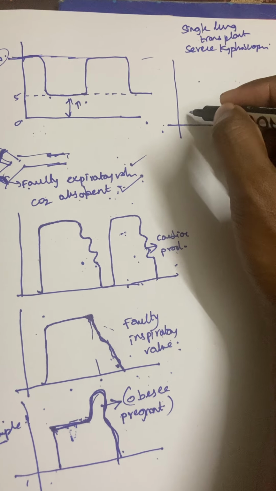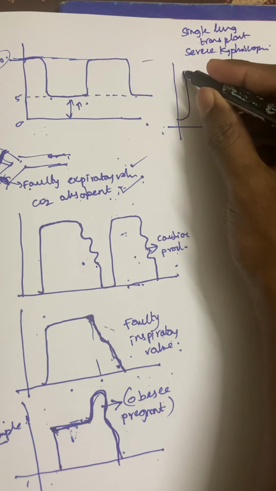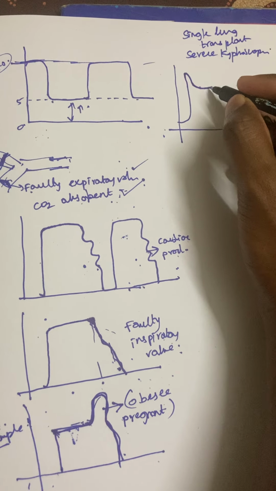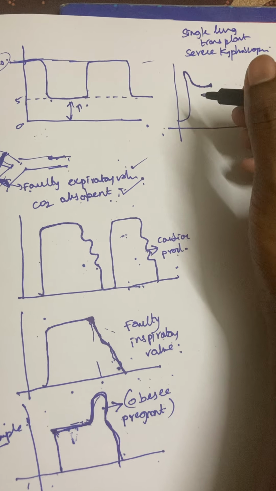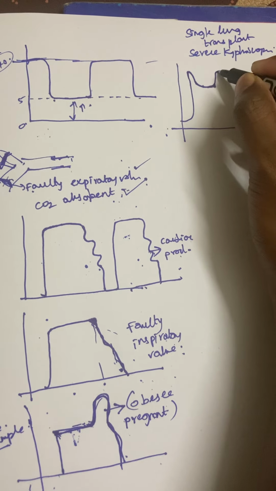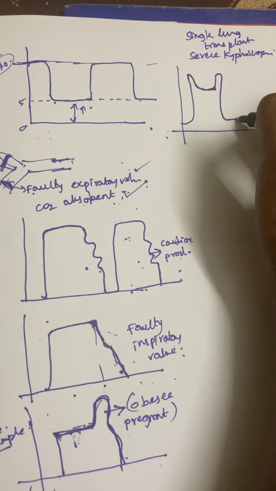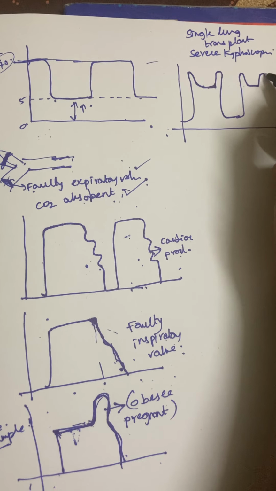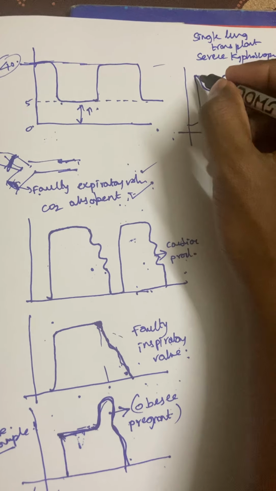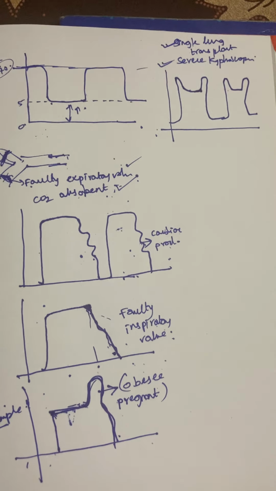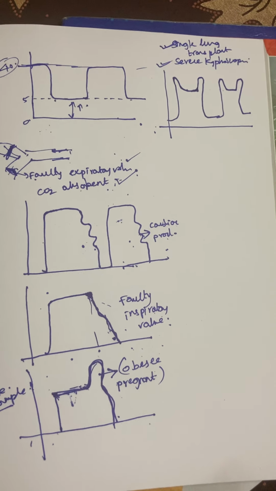The normal lung contributes to the phase 3 first peak, followed by the second peak, because the carbon dioxide produced by the diseased lung is late, so you see it as a second peak. So a dual peak in CO2 in phase 3 is seen in single lung transplant or severe kyphoscoliosis. These are the two conditions.